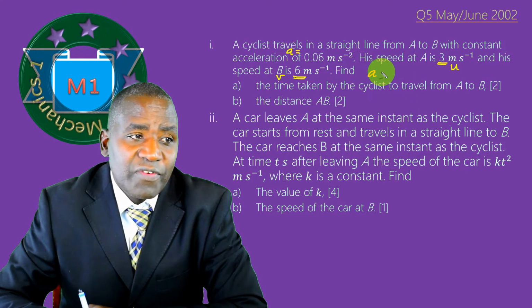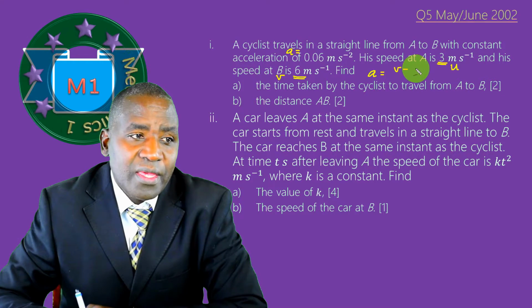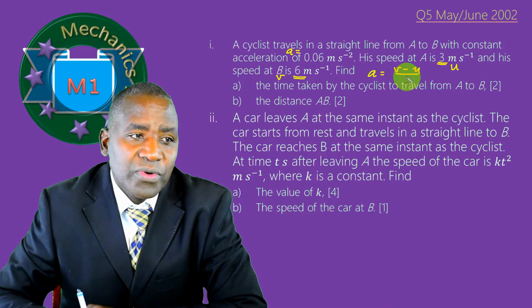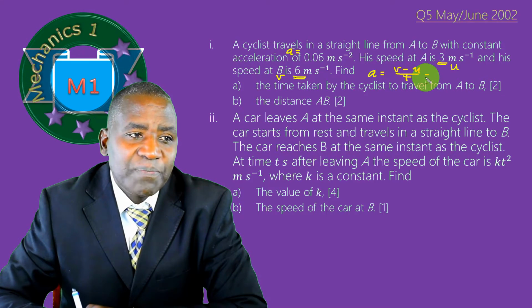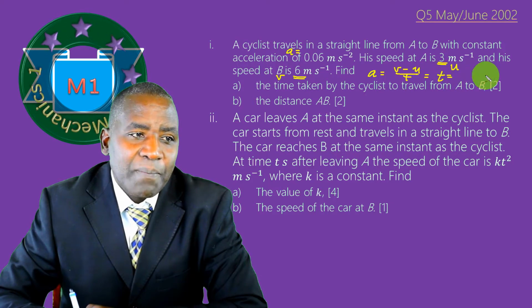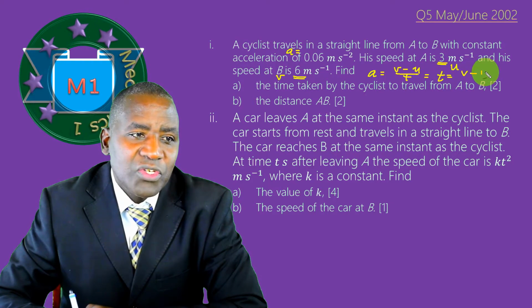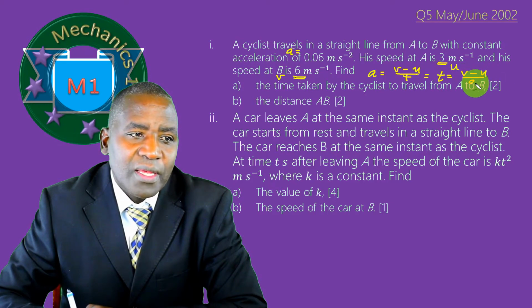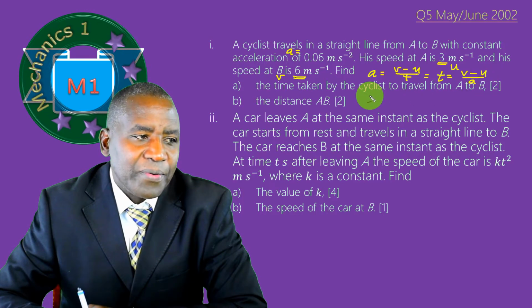And acceleration is given by V minus U over T, which implies that T must be V minus U over A. Very simple.